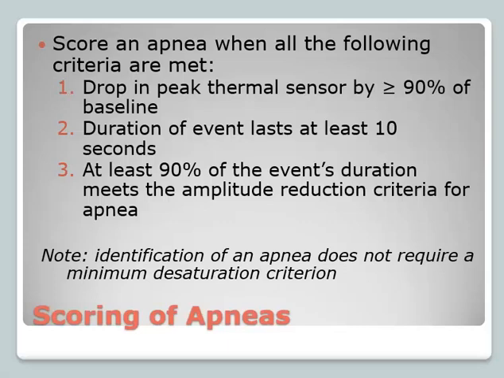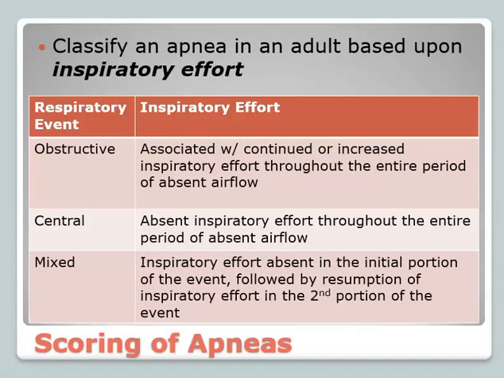You do not need a desaturation to score an apnea. It's not part of the definition. The basic thing with an apnea is you have a drop in airflow for at least 10 seconds, and that drop is about 90% or greater from what it was. Okay? That's the definition of an apnea.